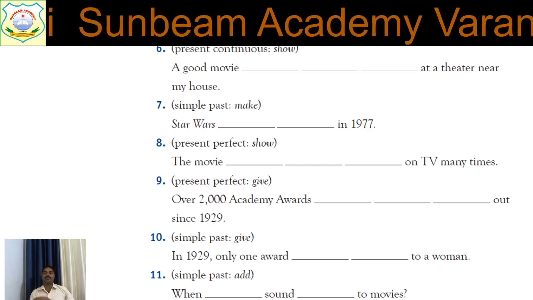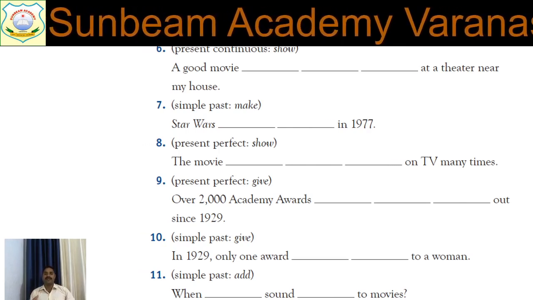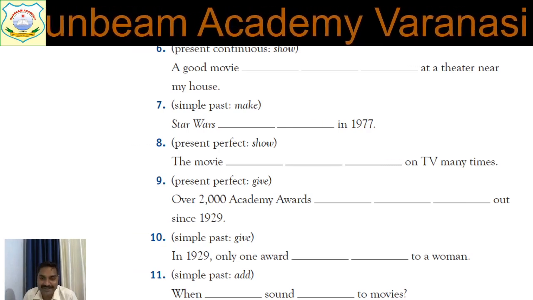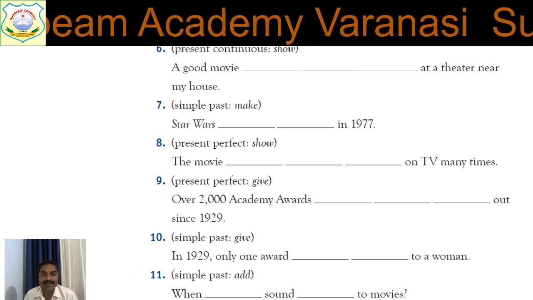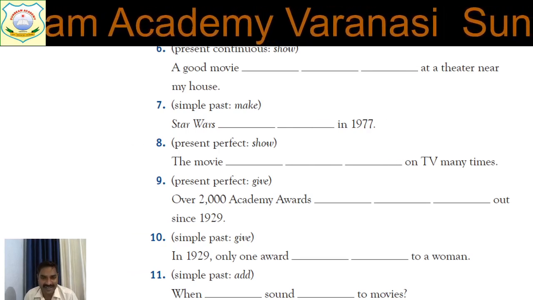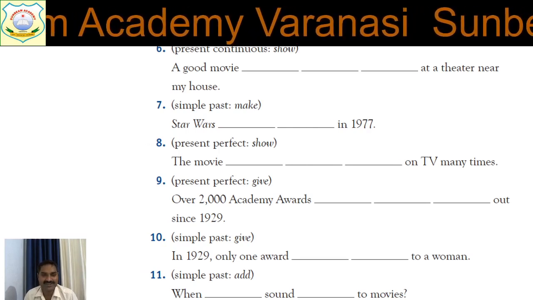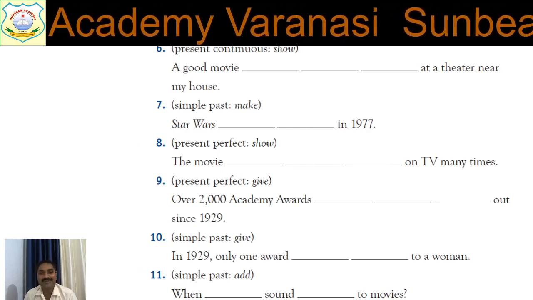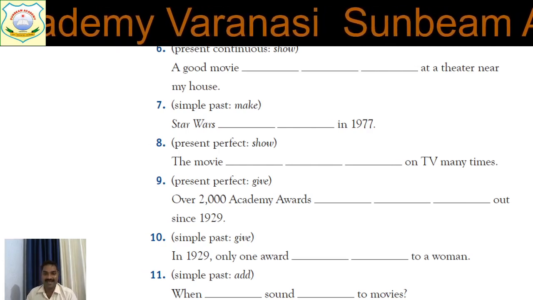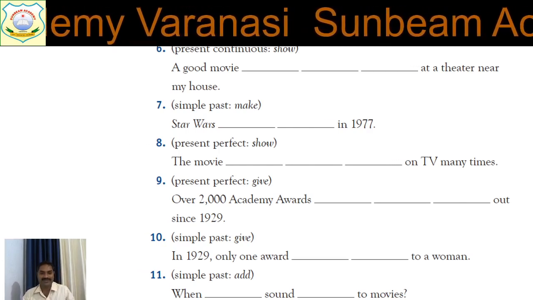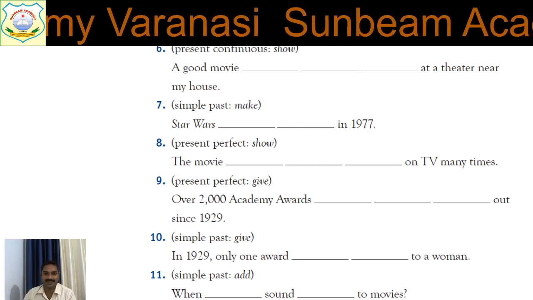This was also given to you as homework, and I guarantee that many of the students would not have done these questions. So I have taken the same questions so that those who have done will get the clear answers and check back their answers, and those who have not done will do the questions in the classroom. Your time is over, children. Now listen to the answers written here.